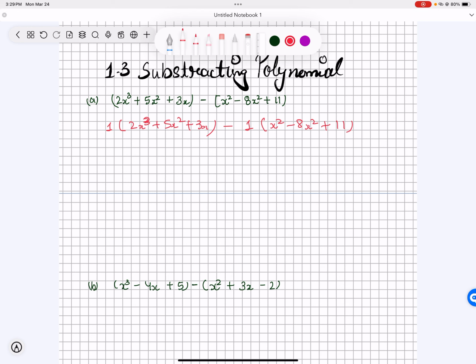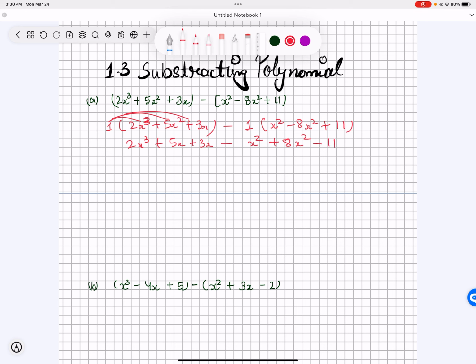Now when we multiply this by all of this, we get 2x cubed plus 5x squared plus 3x minus, now this will change the signs, minus 1x squared is minus x squared, minus 1 into minus 8x squared is plus 8x squared, and then minus 1 into 11 is minus 11.